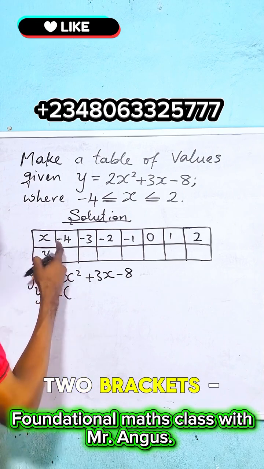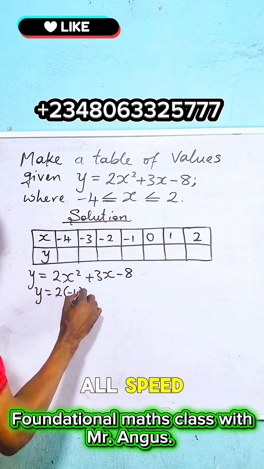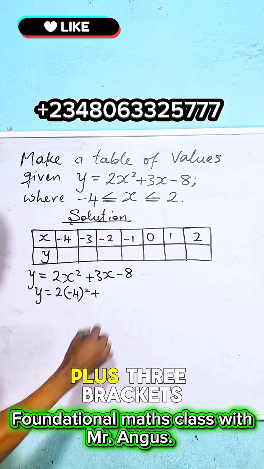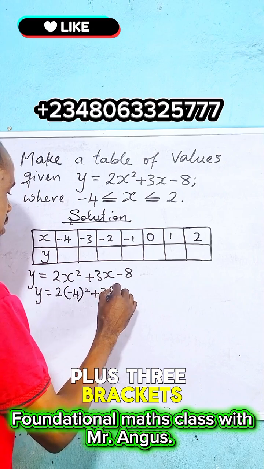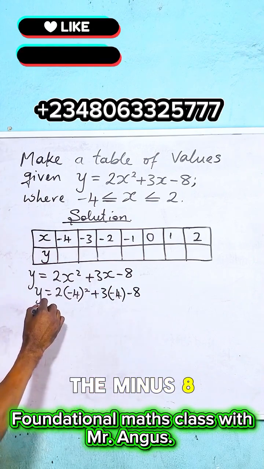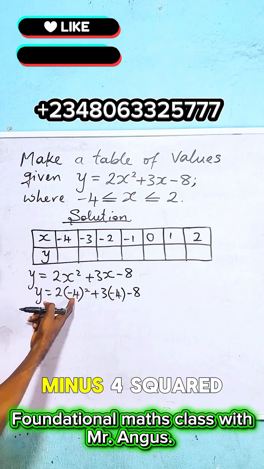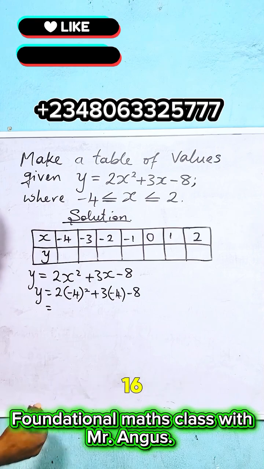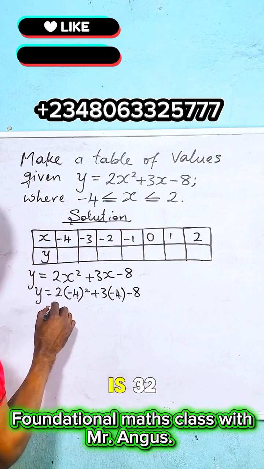For the first value of y, we'll have 2 brackets minus 4 all squared plus 3 brackets minus 4 then minus 8, and that gives minus 4 squared will give us 16. 16 times 2 is 32.